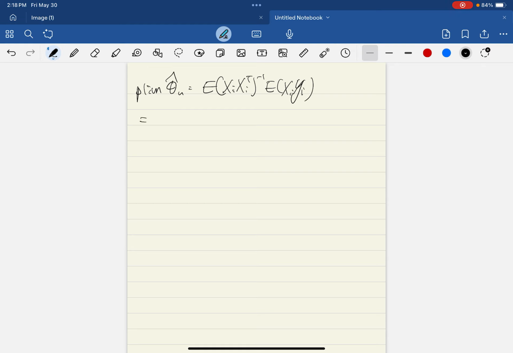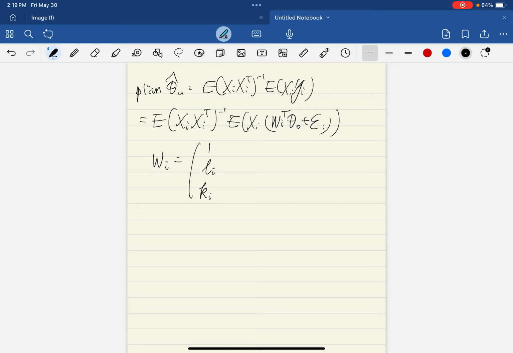We will rewrite y using the true model: y equals w_i transpose theta 0 plus epsilon, where w is the true capital.